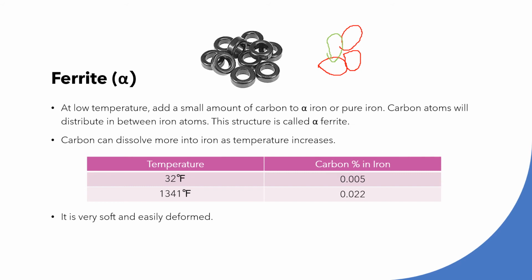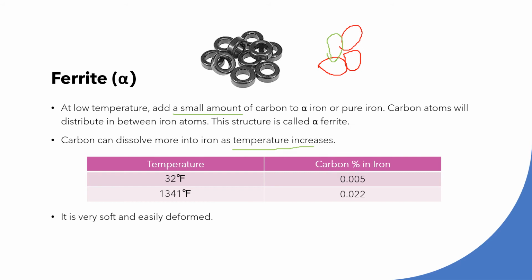So if you increase the temperature, we can spike the carbon into the iron even more. So make sure you control the temperature for the amount that you want in the iron. If you want a little carbon, you don't want to heat it up so high.